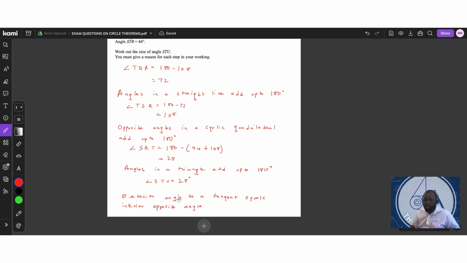So exterior angle to a tangent equals interior opposite angle. That gives us a very, very simple and well-structured answer.